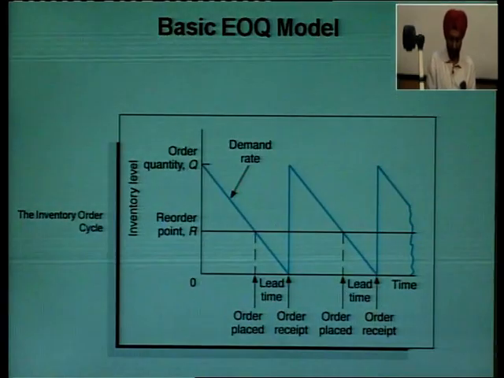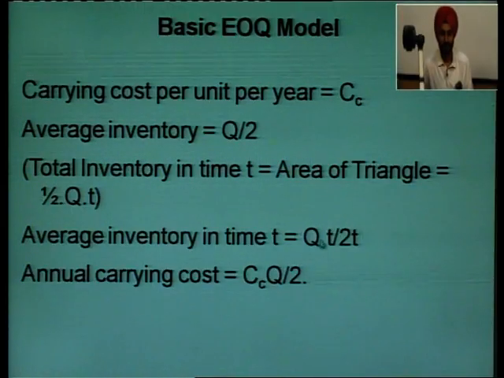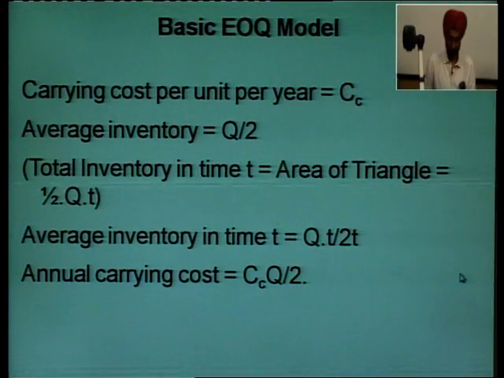Now, this is how our average inventory is Q by 2. Okay. So, annual carrying cost: this is carrying cost per unit, then we have average inventory Q by 2.